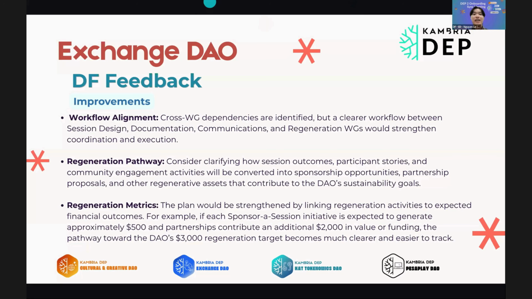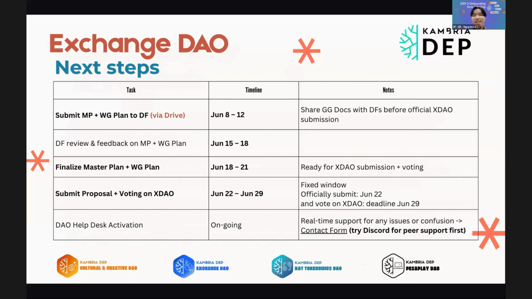That is all on the key feedback on strengths and improvements for the Exchange DAO members to finalize their working group plans and master plan, to be prepared for the XDAO voting. Moving on, I will share the next steps and the timeline we need to follow.